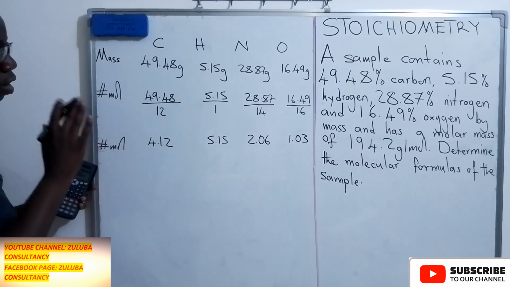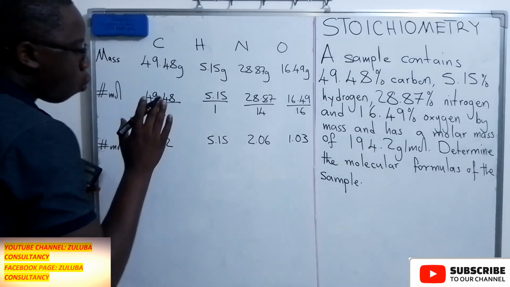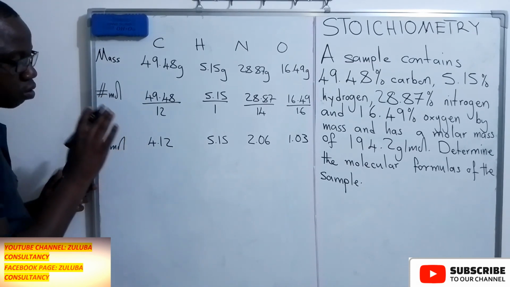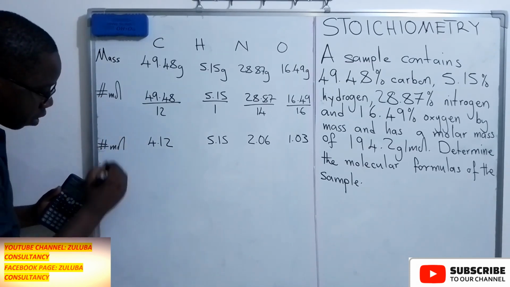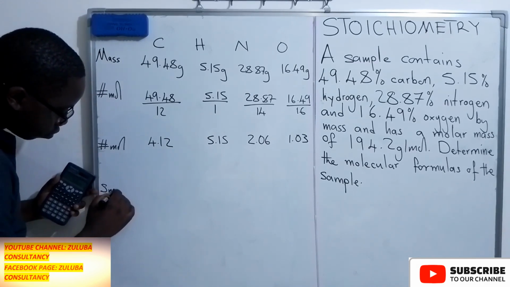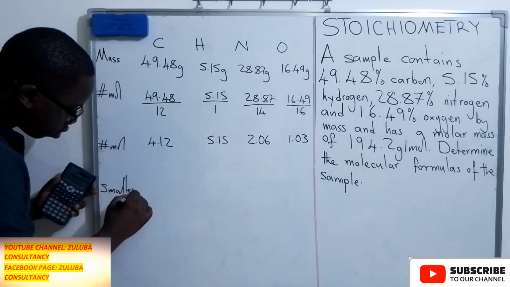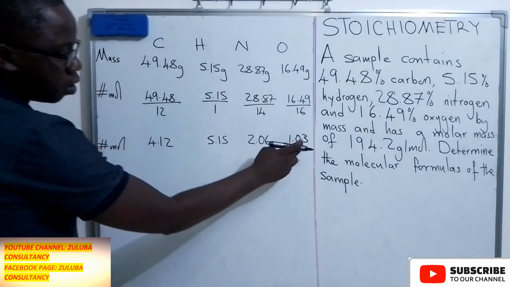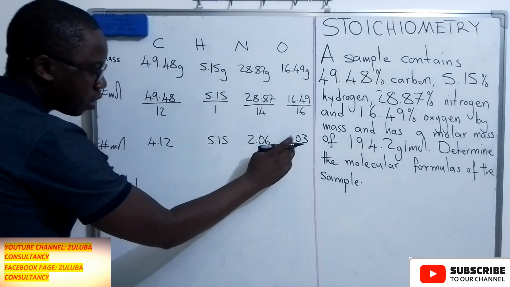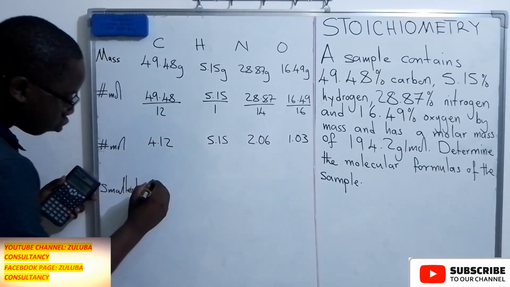Now, after finding the number of moles, we divide the number of moles by the smallest mole. When you look at the smallest mole, it is this one, 1.03. So all of them will be divided by this number.